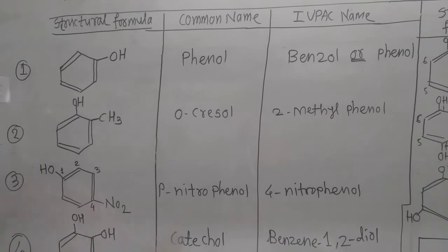This is the benzene, and at which positions the OH groups are present: if we number from this side, 1, 2, they are benzene-1,2-diol. A phenol having two OH groups is called an aromatic diol, and the IUPAC name is given by writing the word benzene completely, then the positions of the OH groups, and then diol, because there are two OH groups. So it is benzene-1,2-diol.